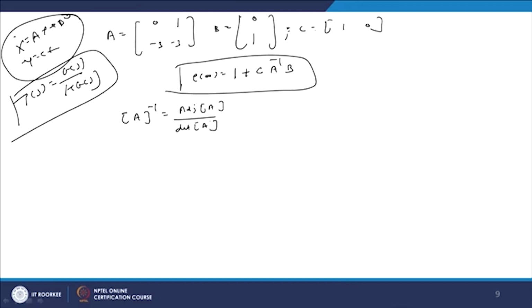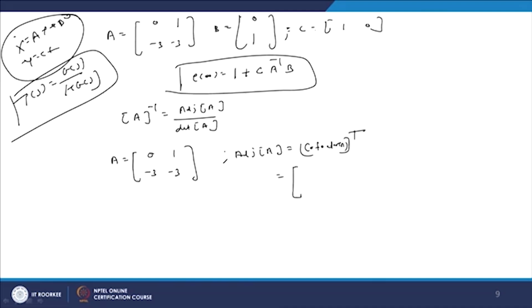So here, adjoint of A, so the A matrix is 0 1 minus 3 minus 3. So adjoint of A is nothing but the transpose of the cofactor, that is cofactor of A transpose.